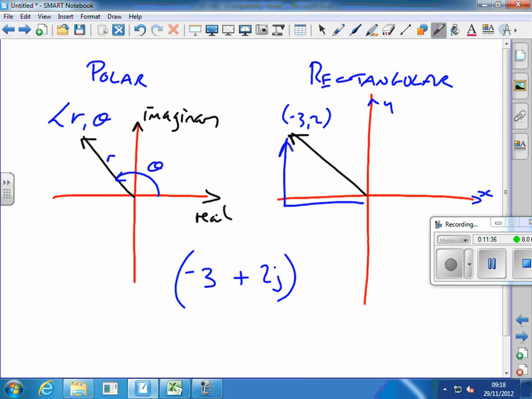So this vector here represents that complex number. And we can also represent it in terms of an angle and a distance. So we need to be able to convert from this form to the polar form. So we say this complex number is in rectangular form. What is it in polar?